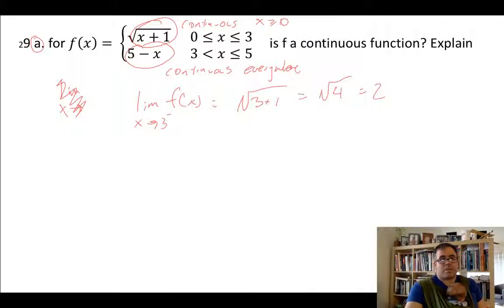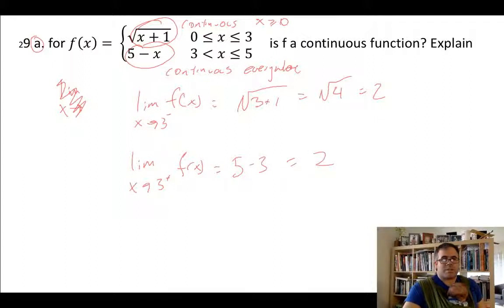And then we're going to look at the limit as x goes to 3 from the positive side of f of x. If you're coming from the positive side, you need to use the other definition. So that's going to be 5 minus 3, which is also 2.